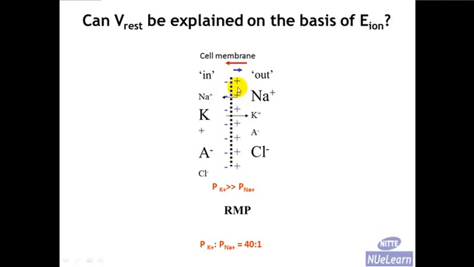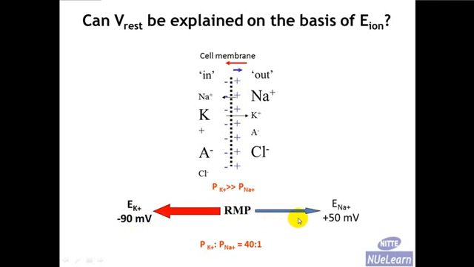And there would be competition between these two ions in terms of the influence on the cell membrane potential. And what would happen is the resting membrane potential would tend towards the equilibrium potential of potassium, which is minus 90 millivolts, but at the same time it would also be influenced by the equilibrium potential for sodium, which is plus 50 millivolts.